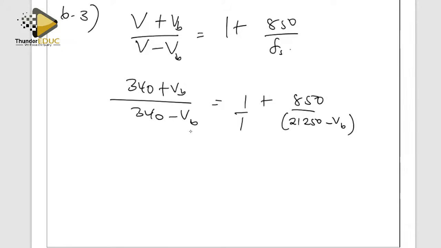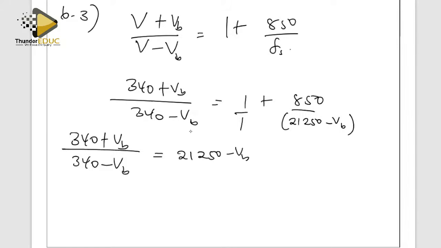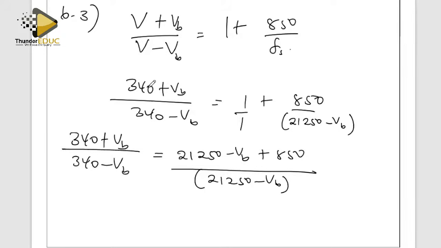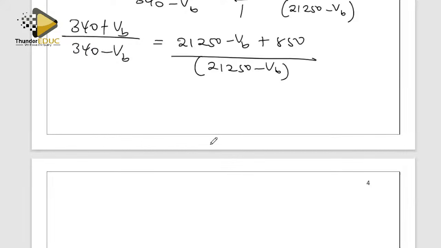We just have to simplify this. So (340 plus VB) over (340 minus VB). Cross multiply, we're going to have (21250 minus VB plus 850) divided by (21250 minus VB). Okay, I have a whole lot of VBs now.